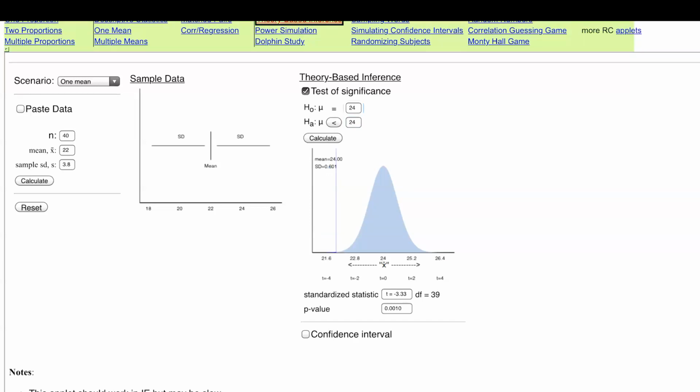If we do the calculation there, first of all, notice the t-score, negative 3.33, so that's the same as what we calculated. And then our p-value is 0.001. So in this picture, this blue curve is a theory-based curve.